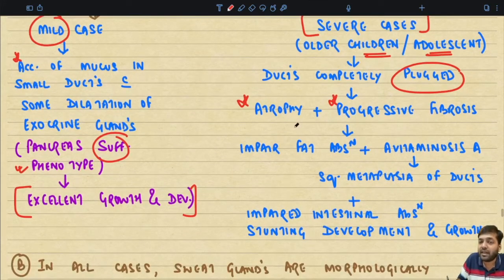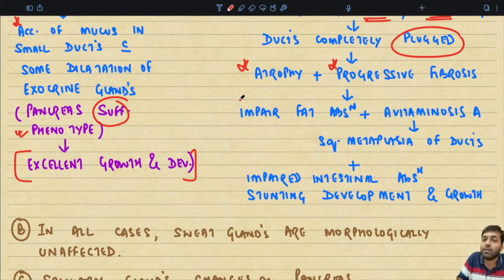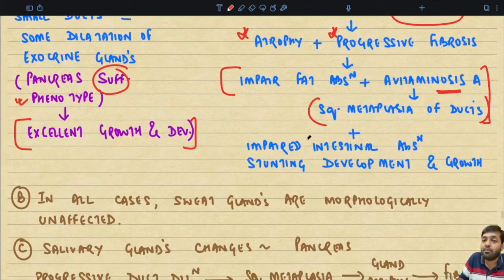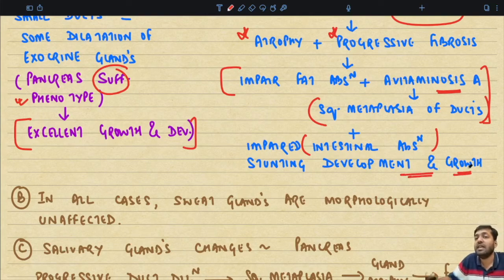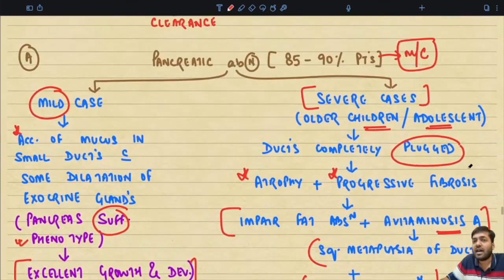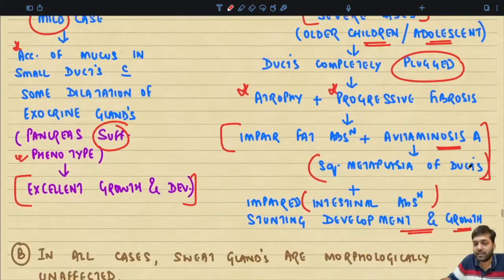If the pancreatic enzymes are not released, that is going to impair fat absorption, and not only the absorption of fat but also of fat soluble vitamins like A, D, E, K, leading to avitaminosis A, and this avitaminosis is responsible for squamous metaplasia of the ducts. Plus, they also impair intestinal absorption, stunting the development and growth of the child. So these are the morphological features of the pancreas.